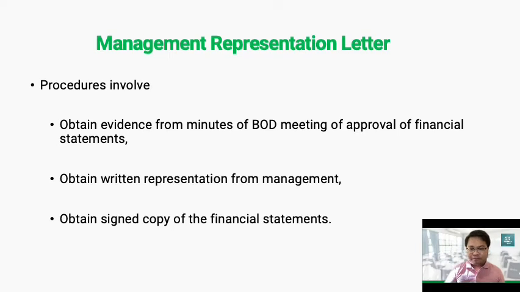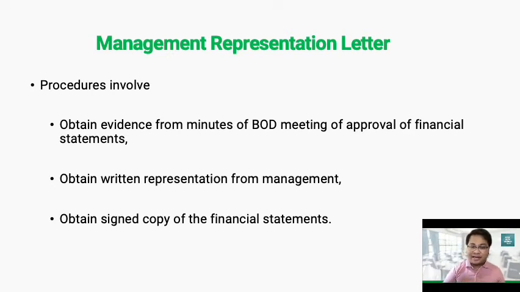Usually the management will sign every page of the financial statements, signifying that they have approved them, apart from a statement of management responsibility, which is also included in the financial statements. This is very important so that we have reasonable assurance that the management is aware of their responsibilities with respect to the financial statements.